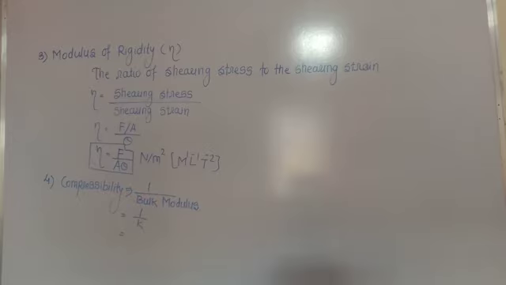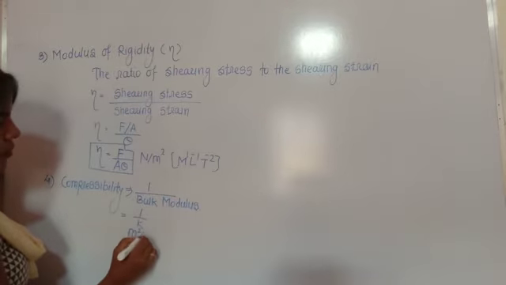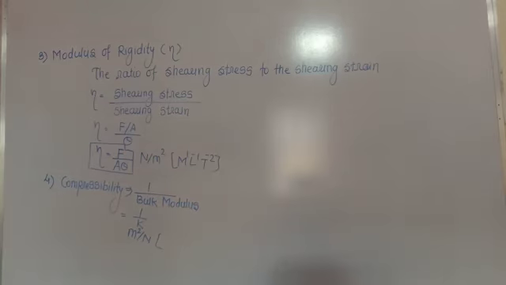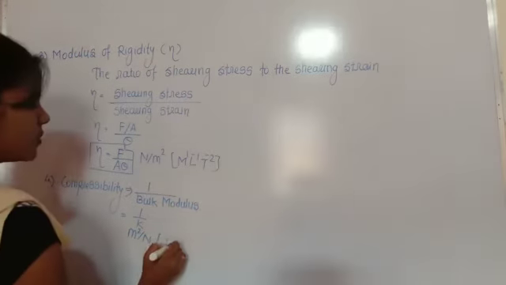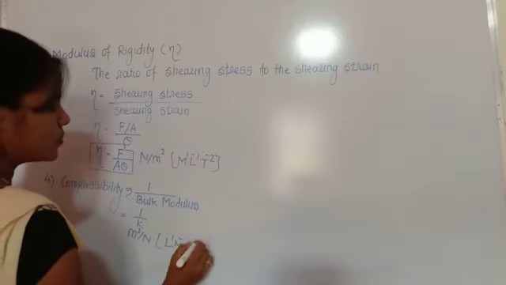Compressibility is the fractional decrease in the volume, that is minus delta V by V, per unit increase in the pressure. Therefore, the SI unit of compressibility is meter square per Newton, and the dimension is L1 M minus 1 T2.